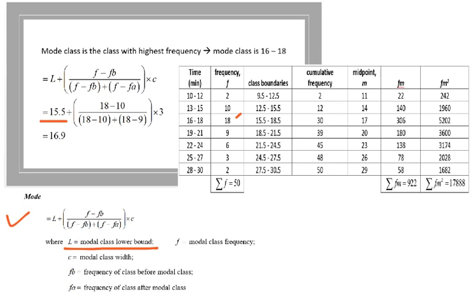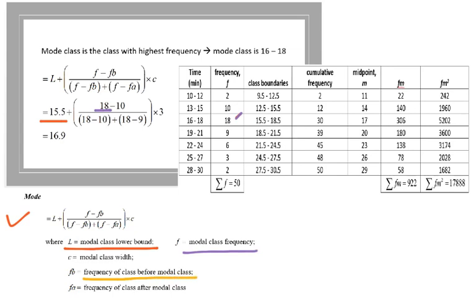So we substitute 15.5 for the L. Then the second value is F. F is the modal class frequency. The modal class is 16 to 18, so the frequency is 18. We substitute 18 into our formula. Then we have minus FB. FB is the frequency of the class before the modal class.